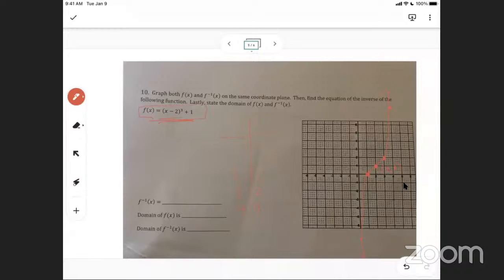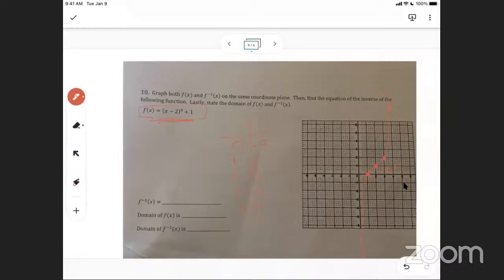Okay, and then if I go left 1, I go down 1, so that point is 1, 0. And if I go left 2, I would go down 8 from 1, and down 8 from 1 is at -7. So those are my points.